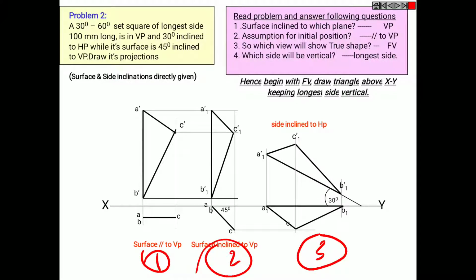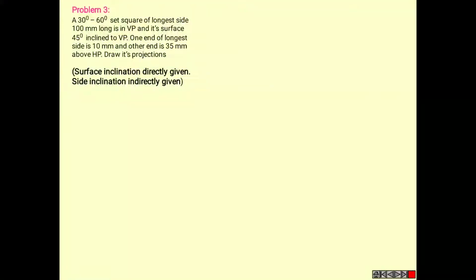Okay, we'll move on to the next problem. It's problem number 3. The same case, a 30 degrees to 60 degrees set square of longest side 100 mm long is in VP, and its surface is 45 degrees inclined to VP.